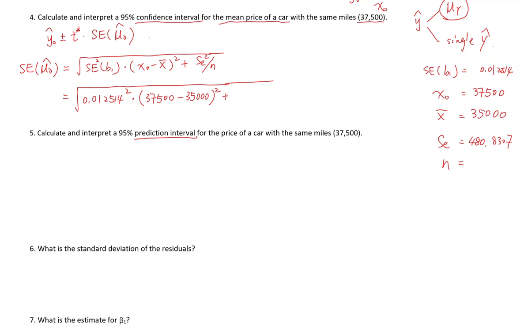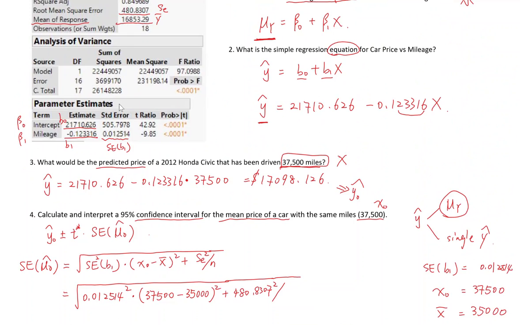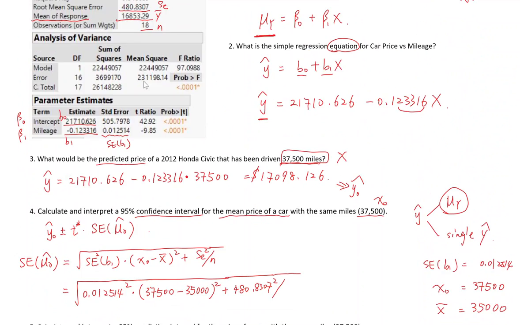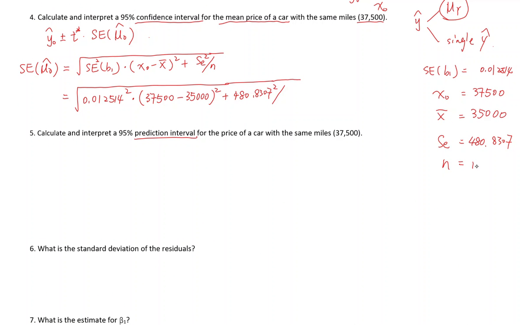So just plug in the number, 480.8307 squared, divided by n. What is n? n is the number of observations, which is 18. So you have n is 18.